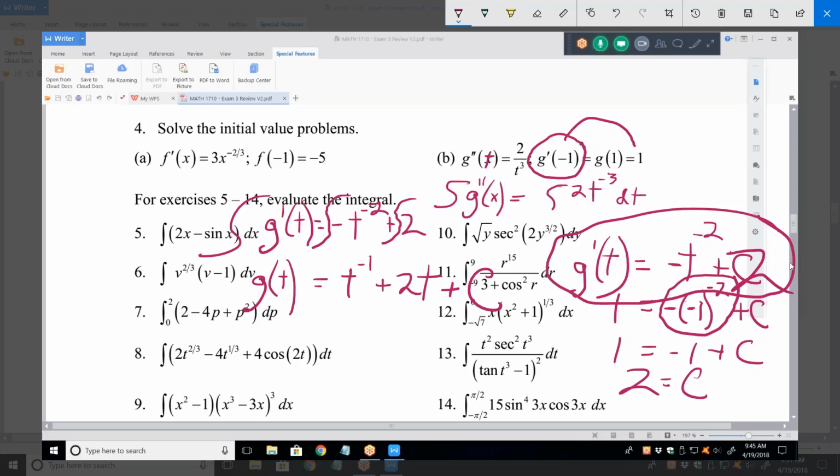Okay. Now they give us this initial value, that's what it's called. And whenever you see an initial value problem, it means that you're going to integrate, you're going to have a C, and then you're going to solve for that C using the initial value. Well, they're telling me g of 1 is equal to 1, so what can I do?